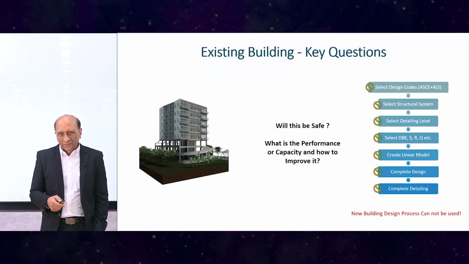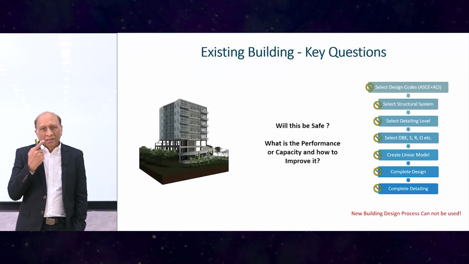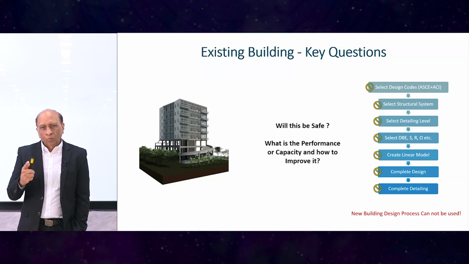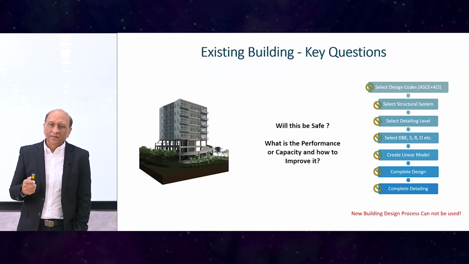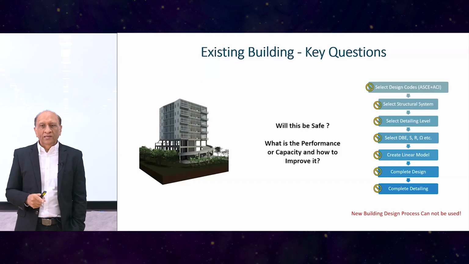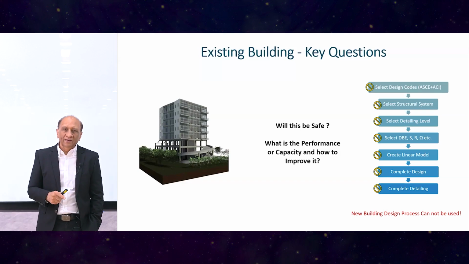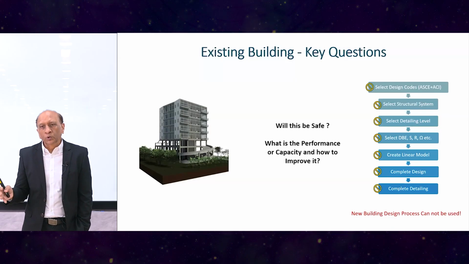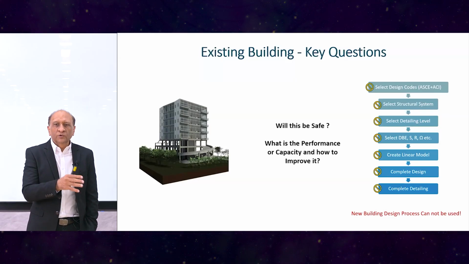Now, existing buildings: the question is, will they be safe? What is the performance or capacity, and how can we improve it? But remember that everything that we did for a new building does not apply here anymore, because we cannot use the design code we use for a new building.